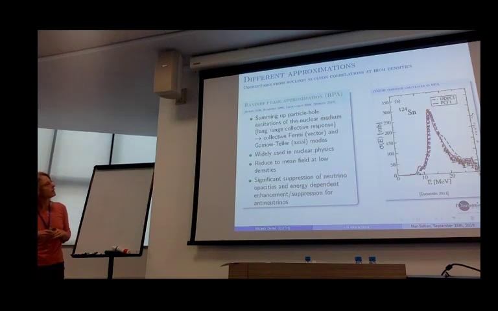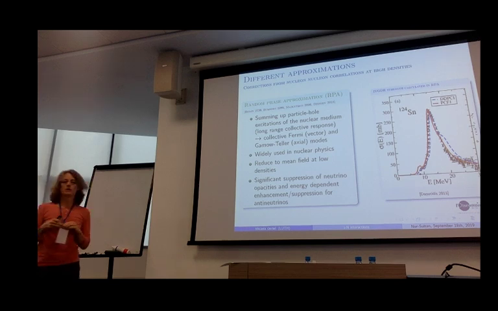And then again, this is not the most realistic way of treating the nucleon correlations in matter, so the nucleonic interaction in dense matter. But you can go beyond this mean field approximation.